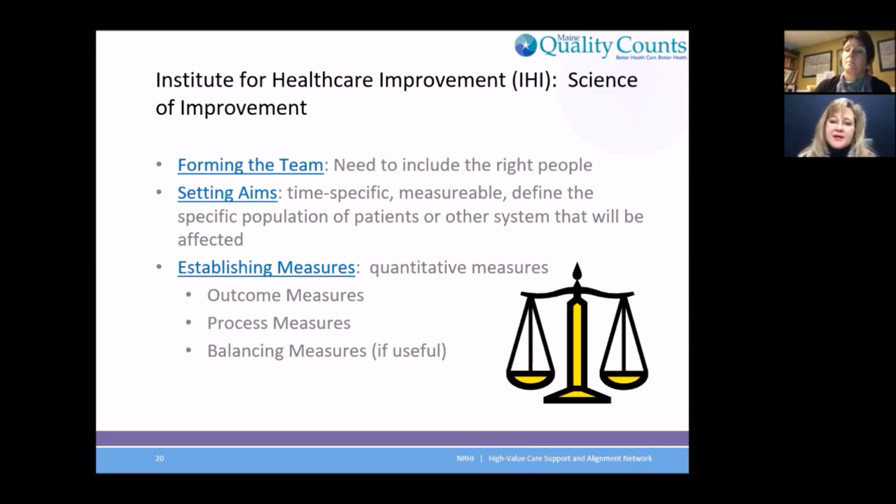But at the same time, we don't want to affect patient satisfaction. So a balancing measure would say, okay, we're going to look at our length of stay after the delivery, but we also want to make sure that that patient feels well supported and ready to go home and isn't feeling like we're scooping her up and heading her home before she's ready. So that's an example of balancing measures.